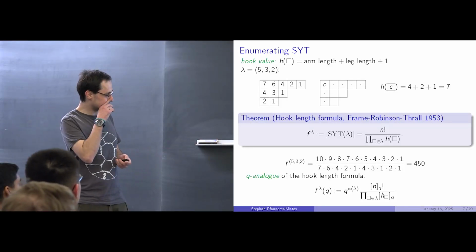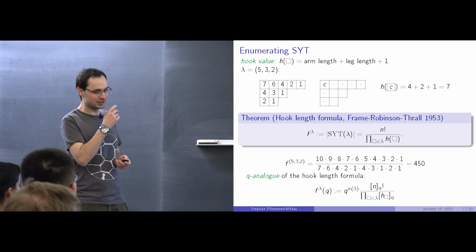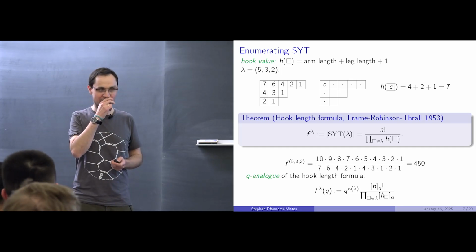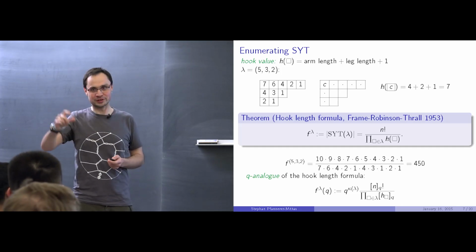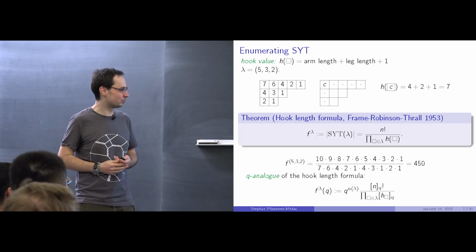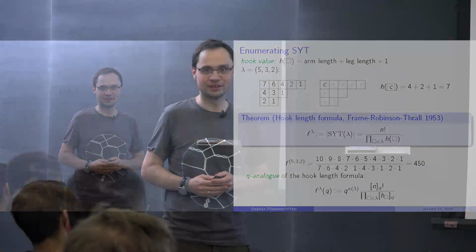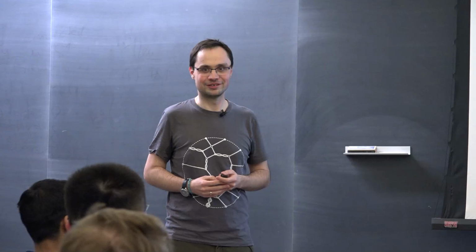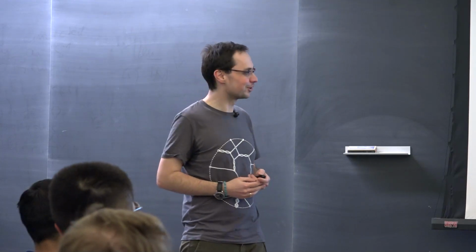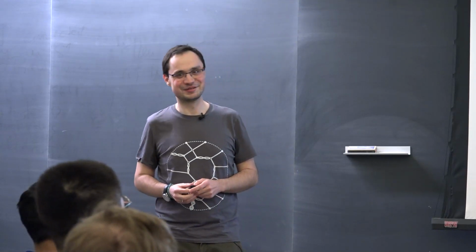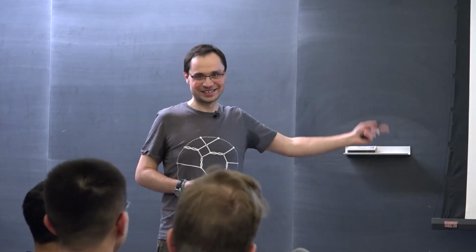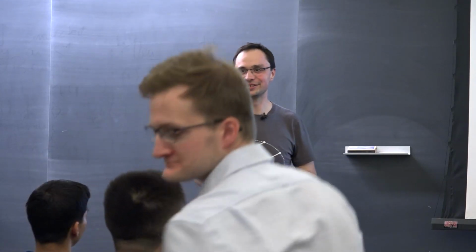You take your conjugate partition, and then have some parts. Let's call them lambda 1 prime, lambda 2 prime, and so on. And you take lambda i prime choose 2, summed over all i. That's kappa of lambda. But you shouldn't care about it. It's just some normalization factor.